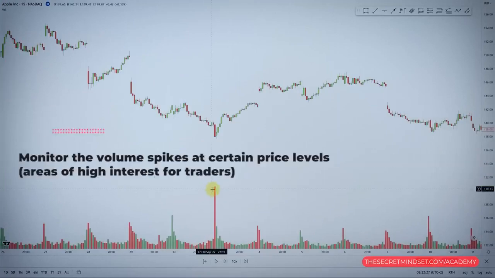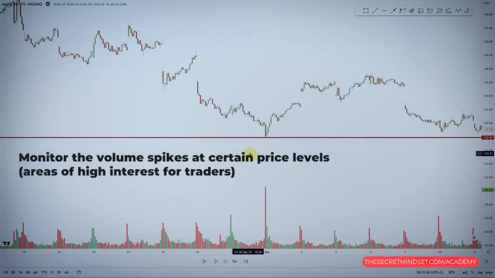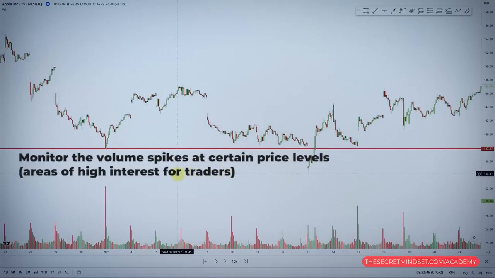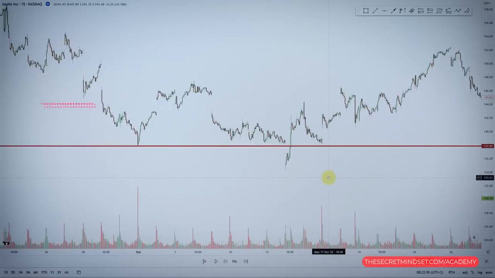When volume spikes at certain price levels, you should know that this was an area of high interest for traders at that price level. If there is a great deal of interest, it means the level is a key one. This simple observation of volume will allow you to identify important support and resistance levels, which could play a significant role in the future.